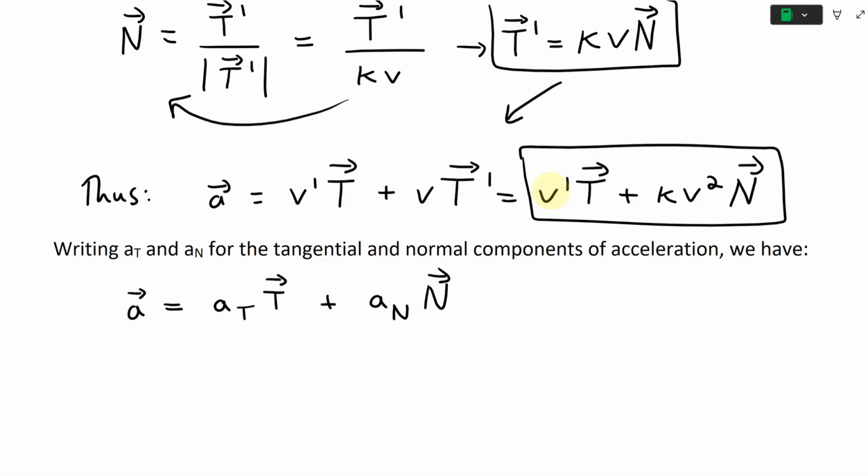Where a subscript T is equal to the derivative of the speed, and a subscript capital N is equal to kappa, the curvature, times the speed squared.